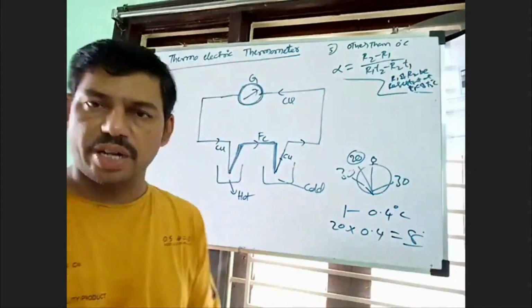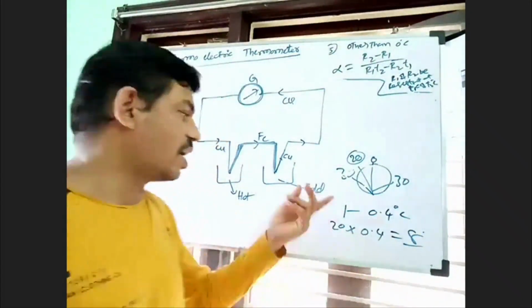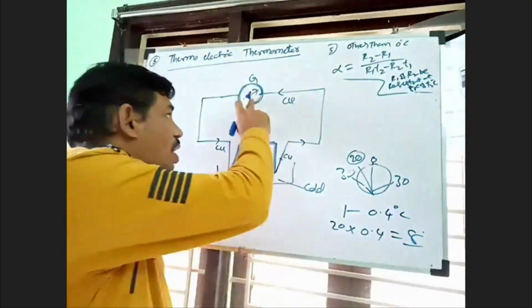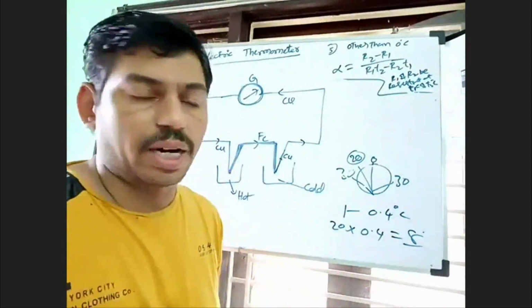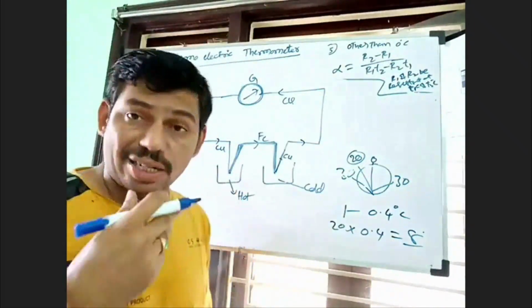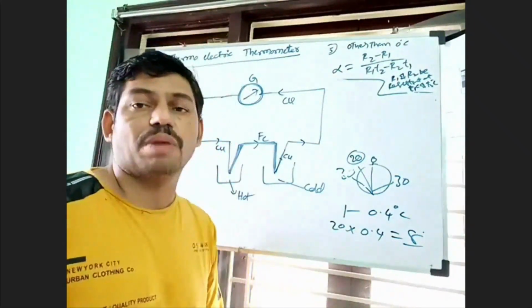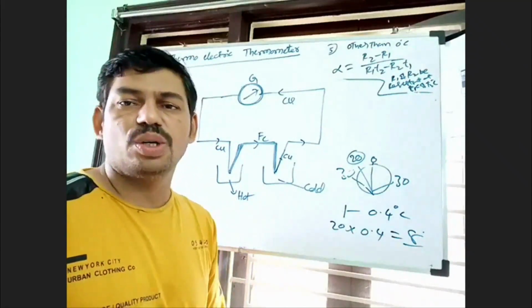That is the temperature. This is called calibration: the galvanometer scale can be calibrated to measure the temperature of the hot junction without use of a thermometer.